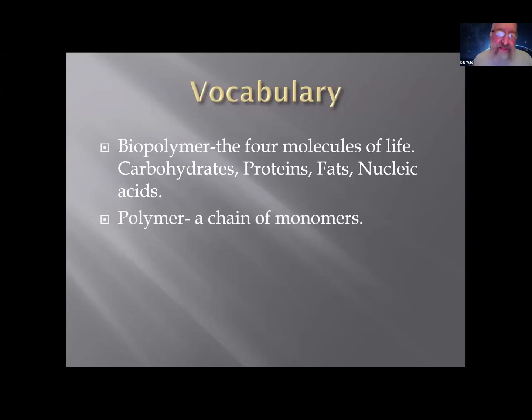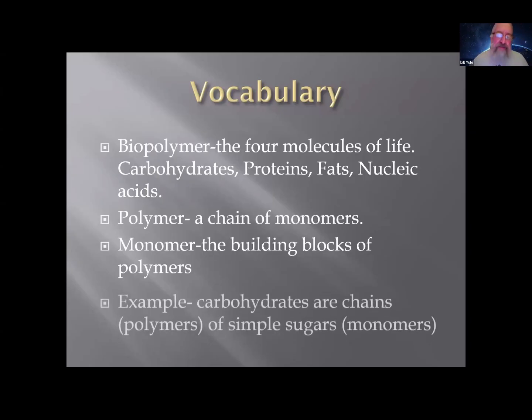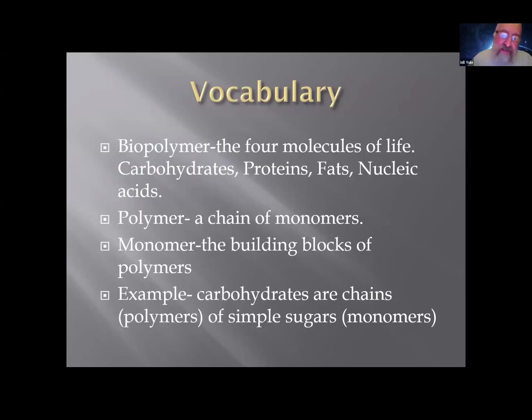And a polymer is just a chain of monomers. Monomers are building blocks that build polymers. An example of how that works is that a carbohydrate is just a chain of simple sugars. Glucose is the monomer, and then that chain of carbohydrates is the polymer.